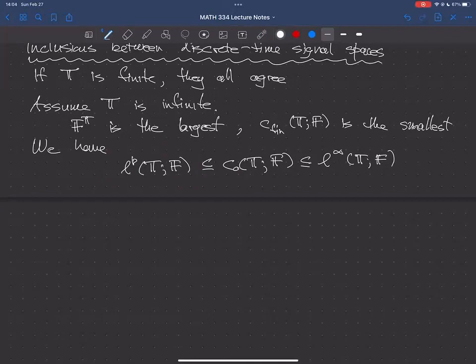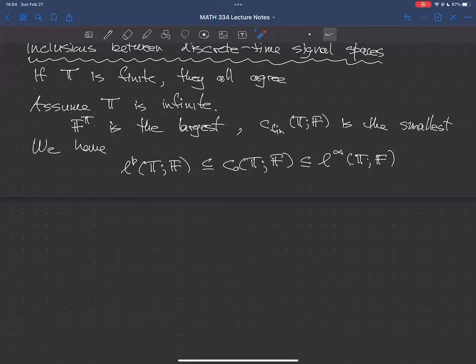For a sequence to be in L1, it should be summable. Now if it's summable, then its square will also be summable, because the large terms in the sum will get smaller when you square them if they're already small.